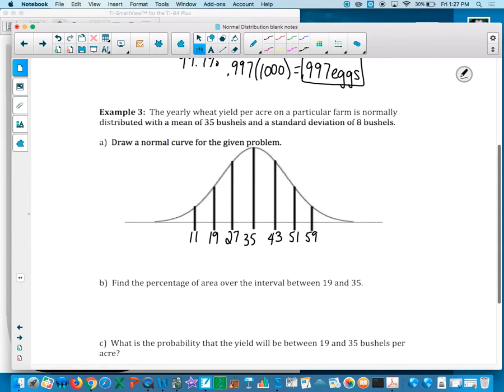Now, because this interval doesn't span the exact centered about the mean of 1 standard deviation or 2 standard deviations, we want to add up the specific percentages. So if I add up the 34 and 13.5, I get 47.5%.